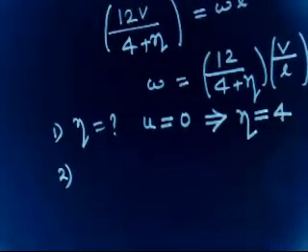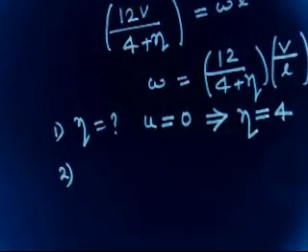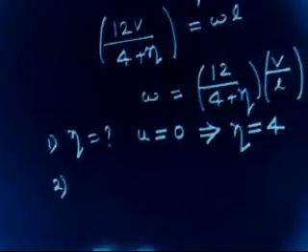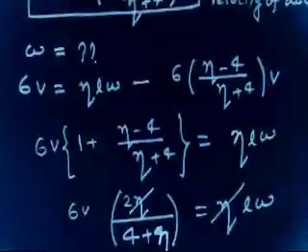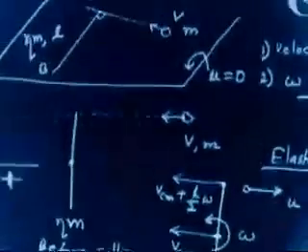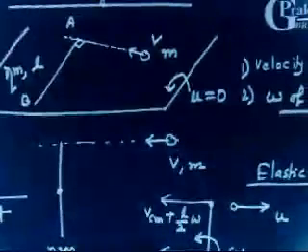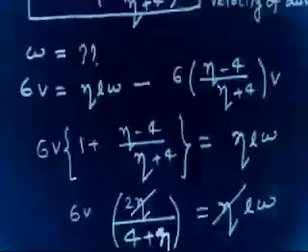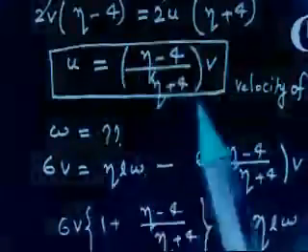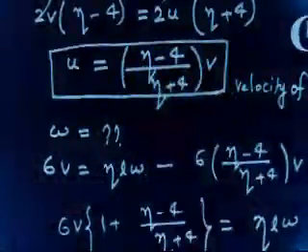Now the second part of the question says, what will be the value of eta so that its direction reverses. So the direction of the ball should reverse. Now you see, we have already considered the case in which the direction of velocity of the ball has reversed. Initially the ball is going in this direction. Now u is in the opposite direction, that is the reverse velocity. So if this number comes out to be positive, my direction is reversed.